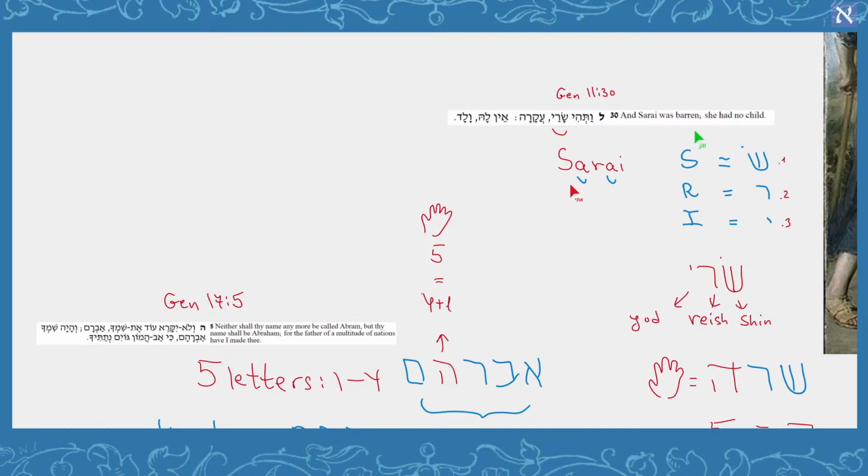I will mark them with a blue color so that we shall be able to see. This is a vowel and this is a vowel, the sound of A. And if I write the Hebrew letters from left to right, parallel to the English, it is like this.